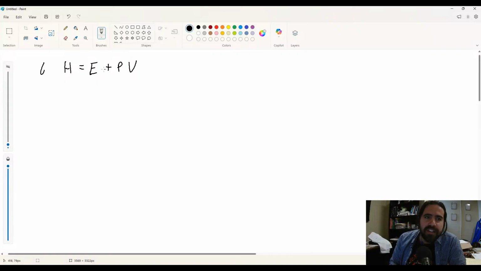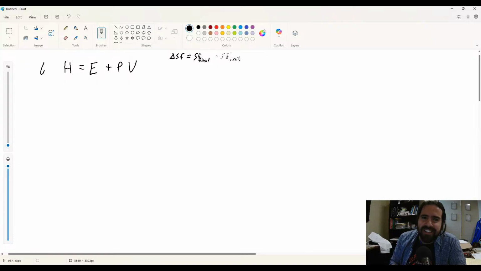Each one of these is a state function, and by that, we basically mean that we are really obsessed with the change of the state function, right? So it's always a delta state function, and that can often be reduced to the state function final minus the state function initial.